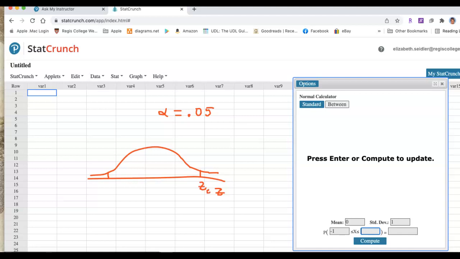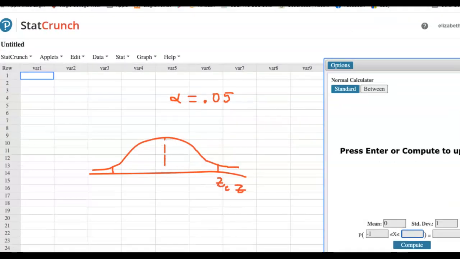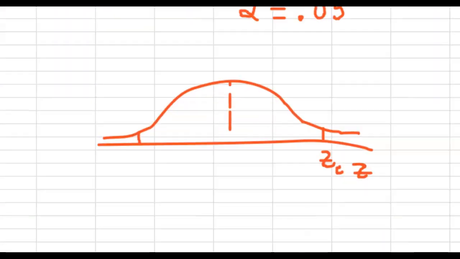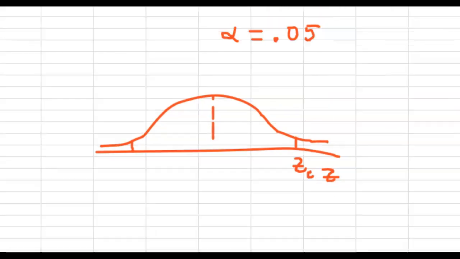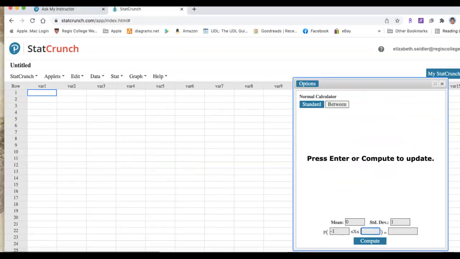Our mean is 0. Let me try that again. Our mean is 0.